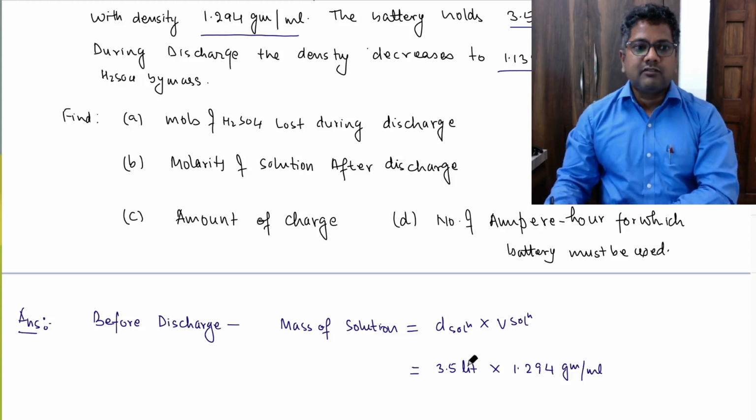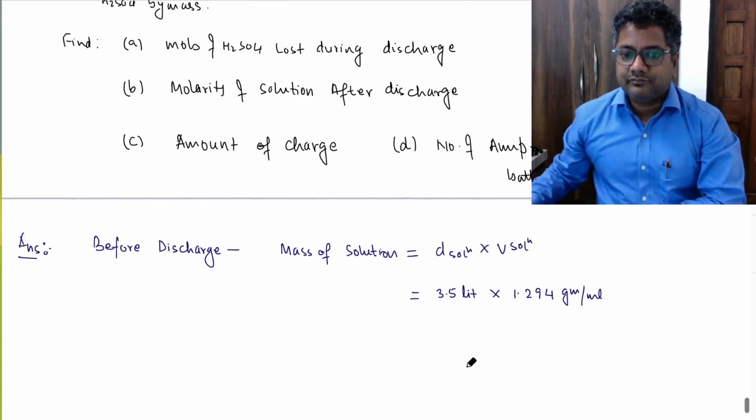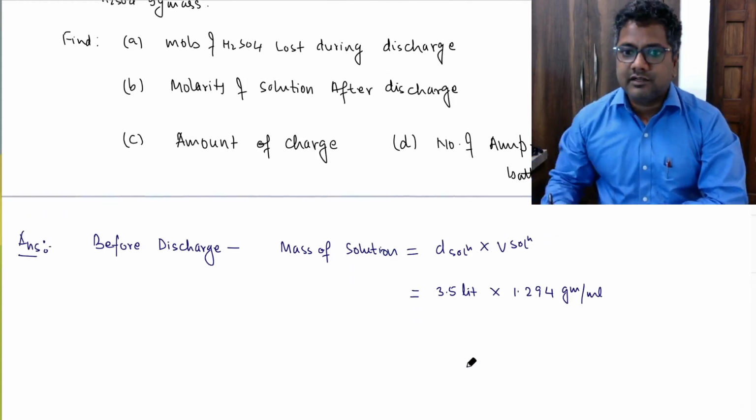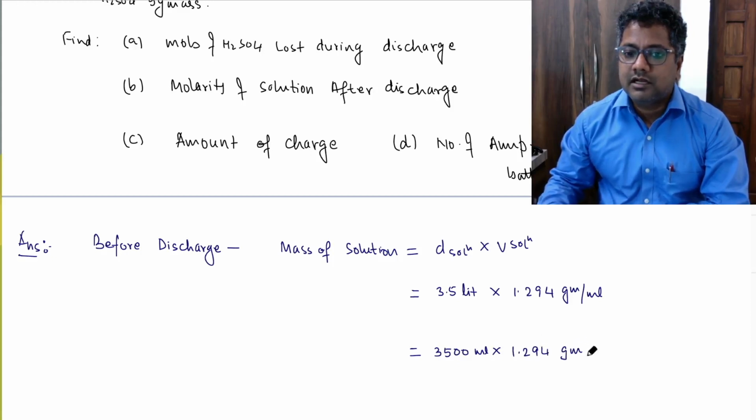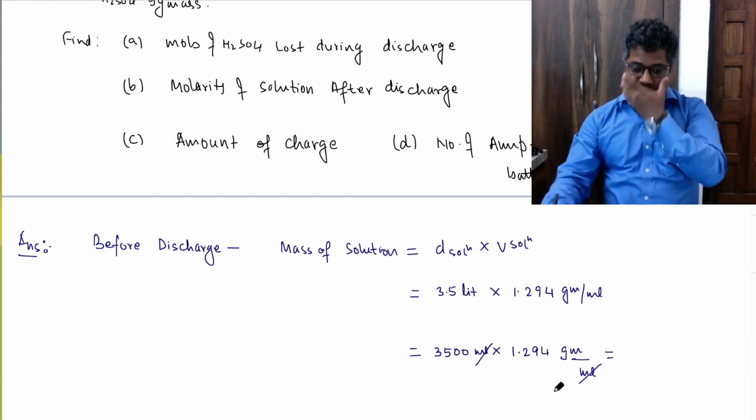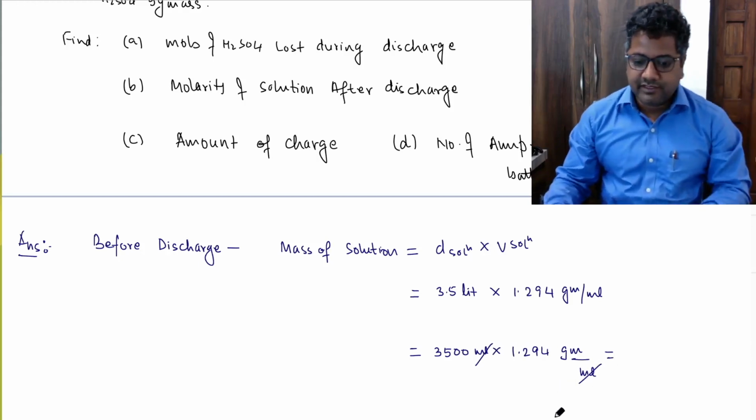So we have to convert this into ml. This will come to 3500 ml multiplied by 1.294 grams per ml. So ml to ml cancel. So we will get how much? This mass is 4529 gram.